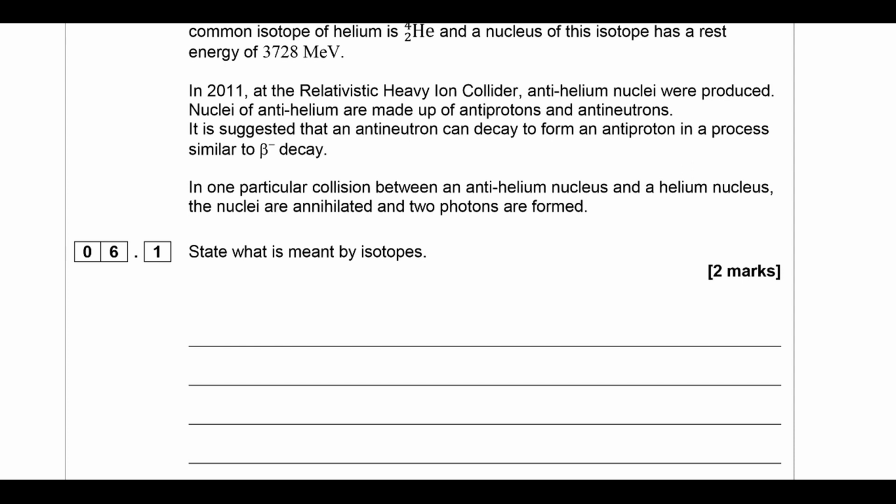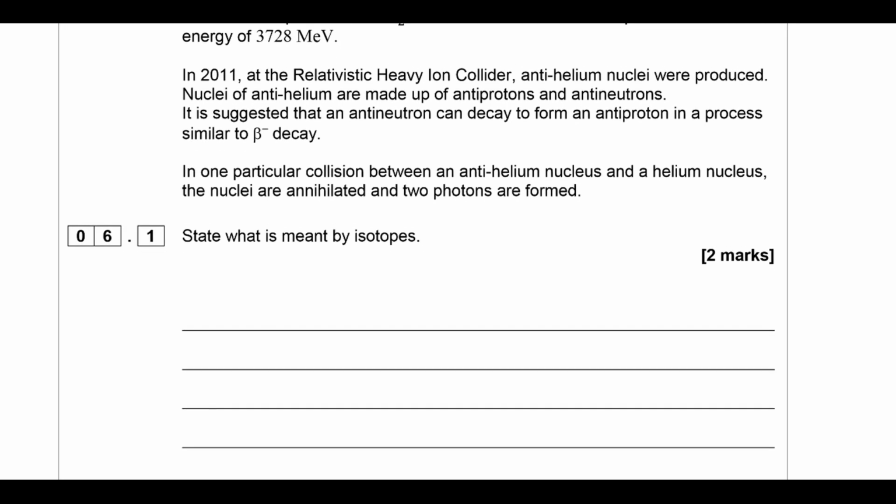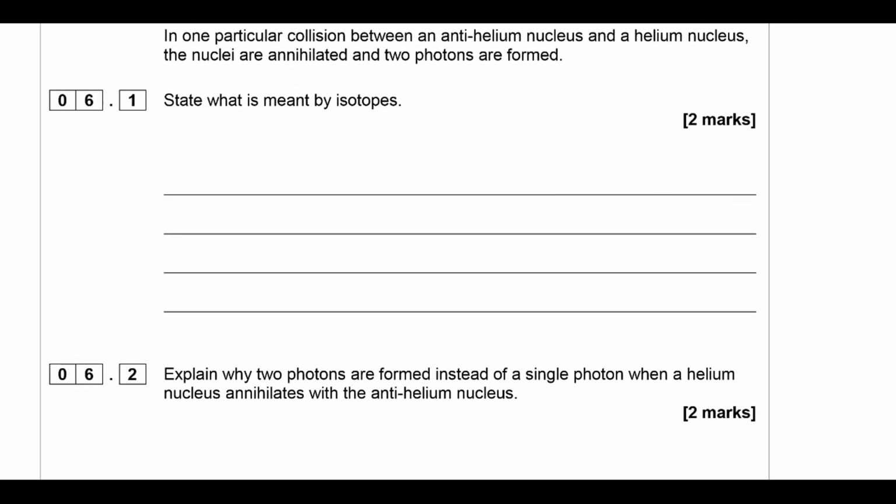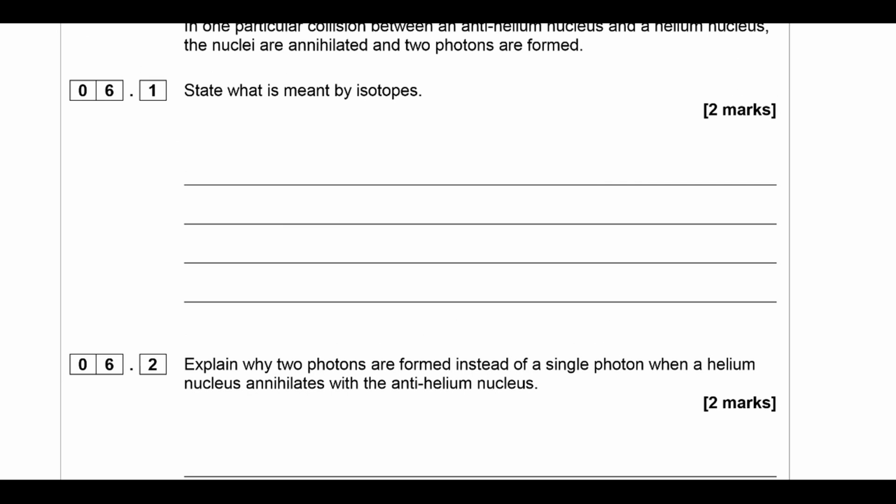Nuclei of antihelium are made up of antiprotons and antineutrons. It suggested that an antineutron can decay to form an antiproton in a process similar to beta minus decay. In one particular collision between an antihelium nucleus and a helium nucleus, the nuclei are annihilated and 2 photons are formed. So we've just been given a ton of information, so now we need to process that.